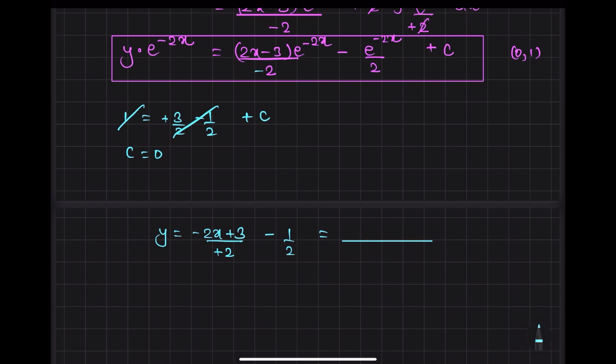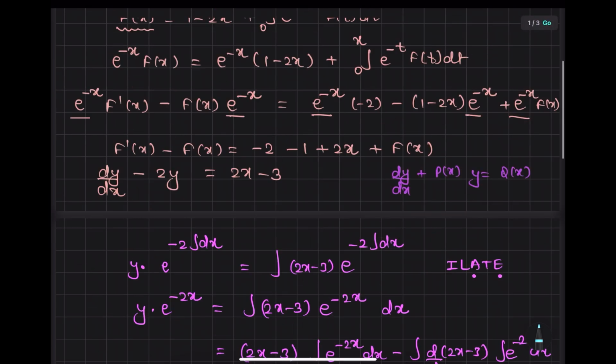LCM is 2. So we have minus 2x plus 3 minus 1. So it will become 1 minus x. So y equals 1 minus x, or f of x equals 1 minus x. So you got your function done.